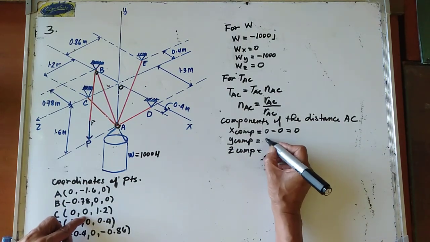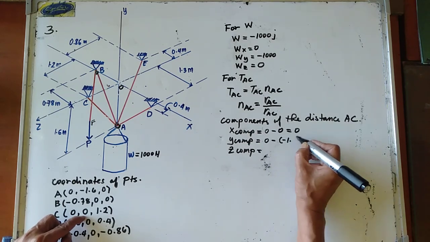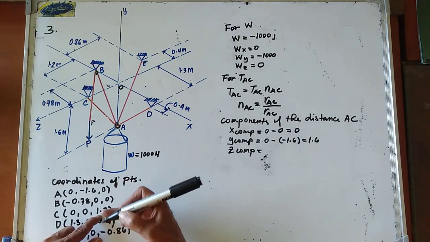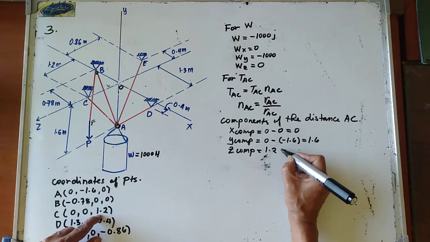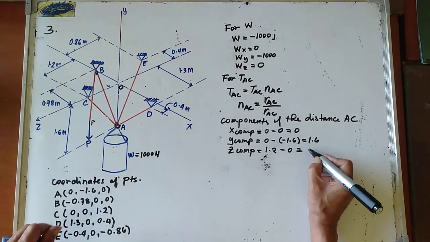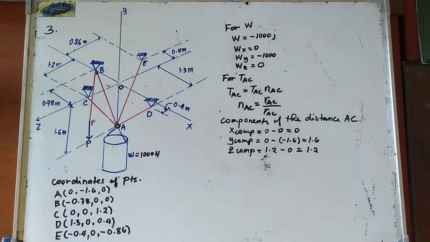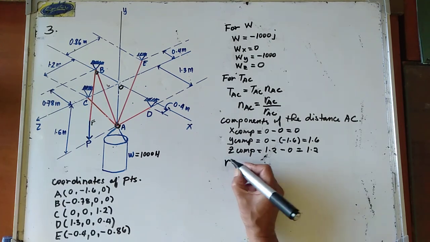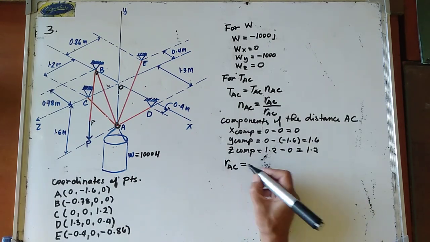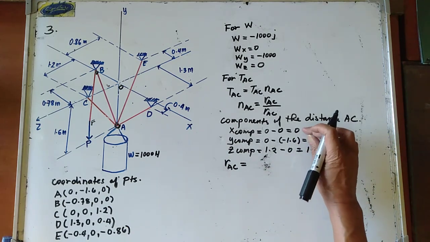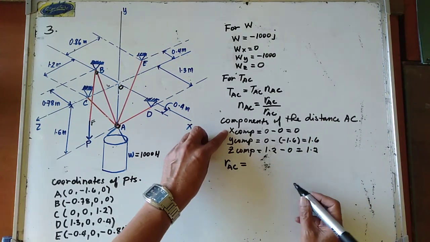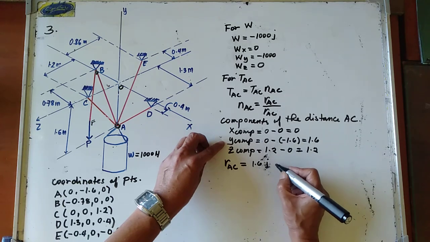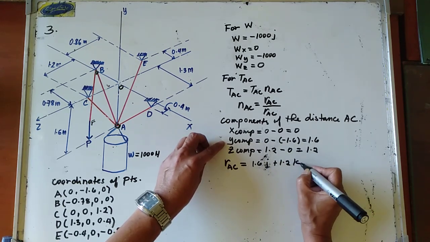For the Y, 0 minus negative 1.6 is positive 1.6. And for the Z, 1.2 minus 0 is 1.2. Hence, your RAC is equal to 0 for the X component, plus 1.6 j plus 1.2 k.